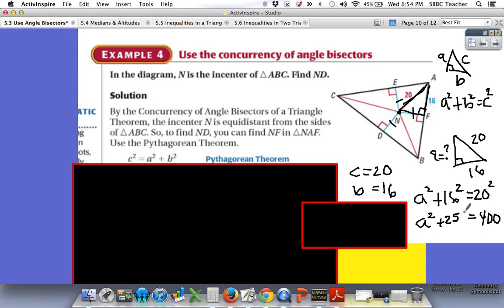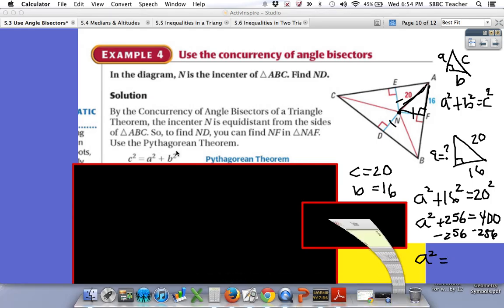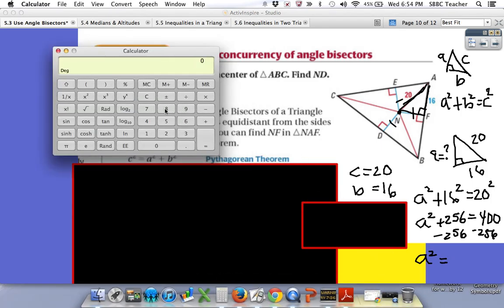Okay, we subtract 256 from both sides. And that gives us A squared equals 400 minus 256, which is 144.